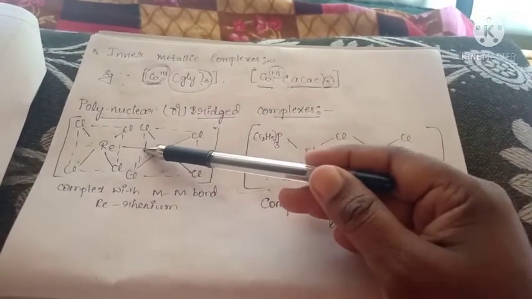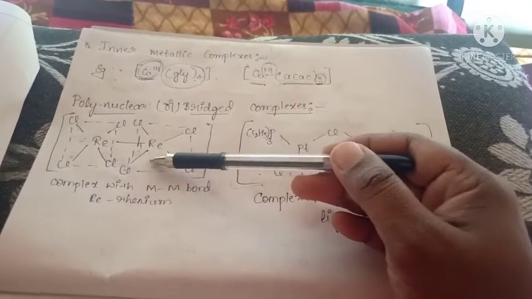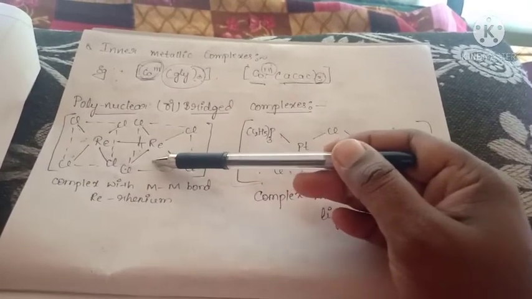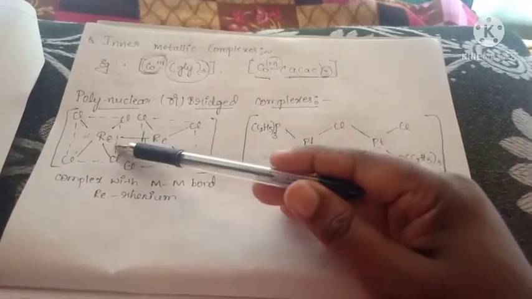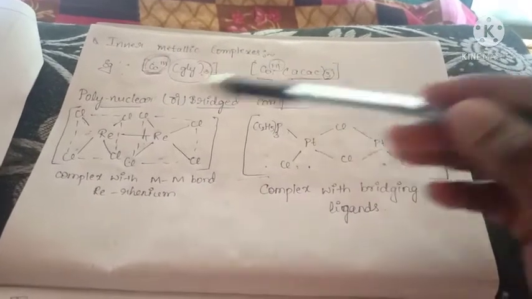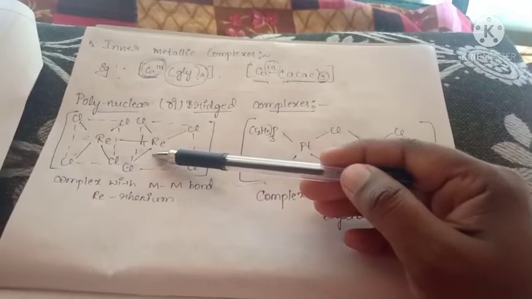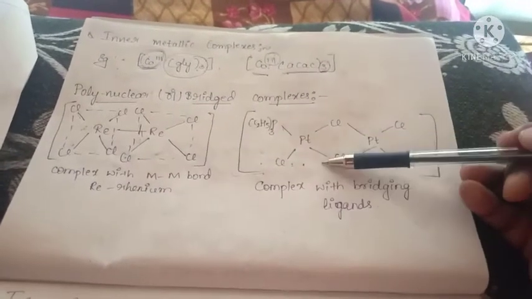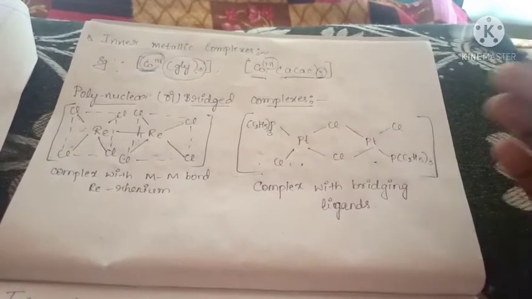Polynuclear or bridged complexes means there are 2 or more metal atoms present in the same coordination sphere. There are 2 possibilities: metal-metal bonding or ligand bridging. This complex is formed with metal-metal bonding. Then here there are complexes with bridging ligands. These are the bridged complexes.